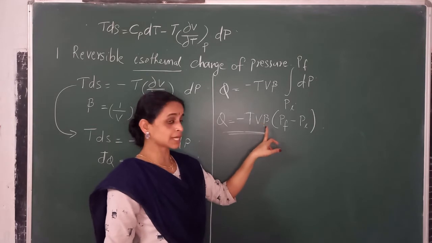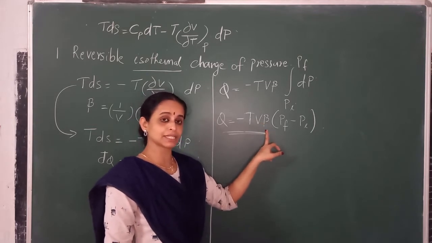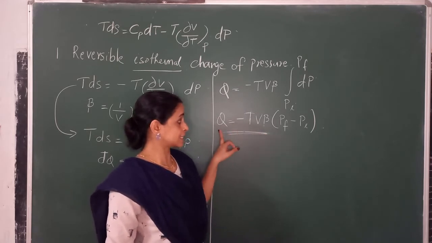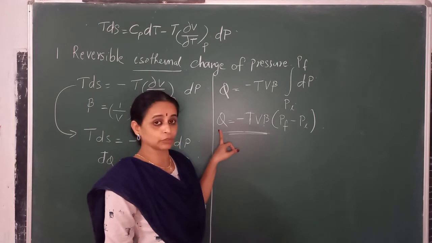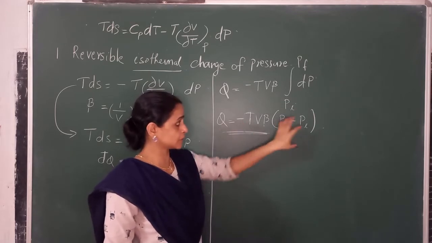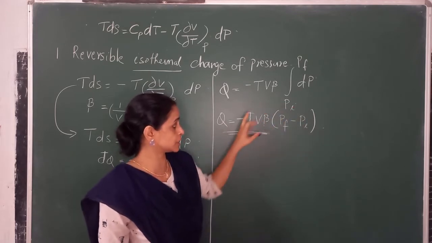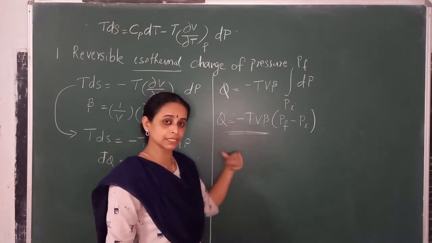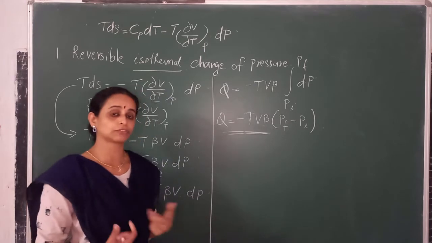If beta is positive, that is the material has a positive volume expansivity, then the heat transferred is negative, that is the heat flows out of the system.